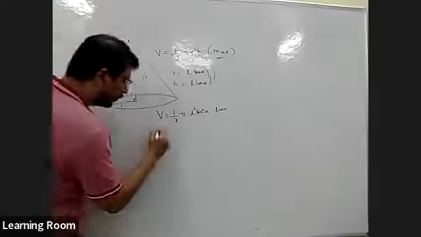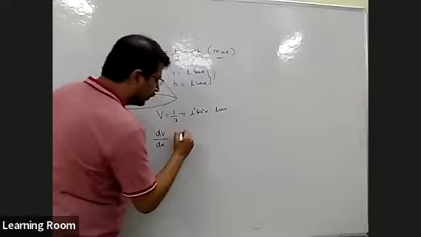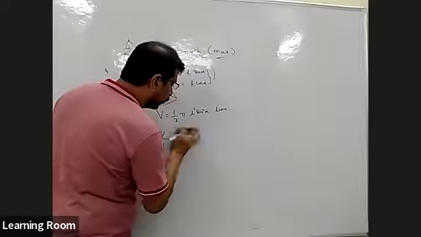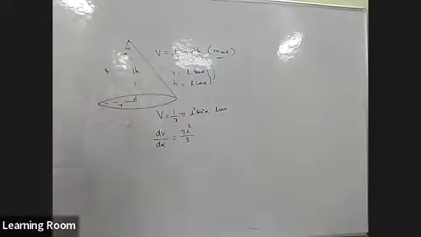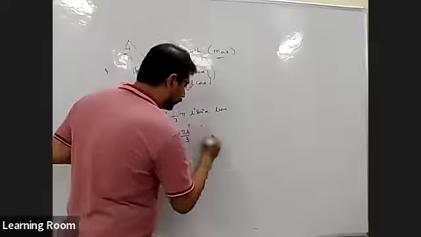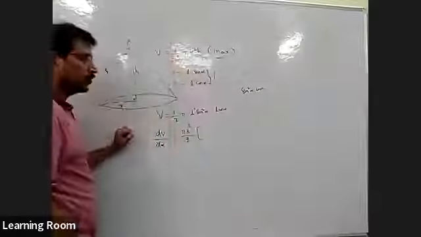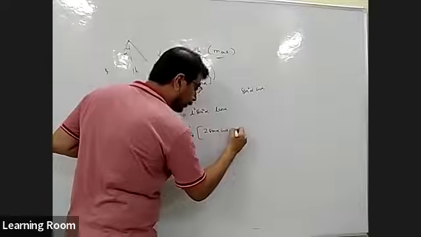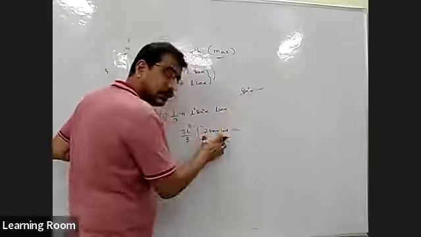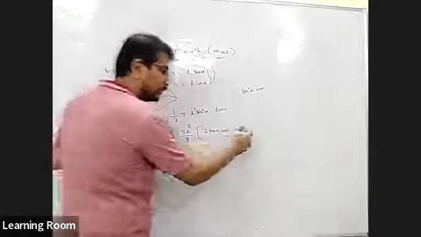Now see, if I do dV divided by d alpha, what will I get? Pi L cube divided by 3, I am not disturbing it. Sin square alpha into cos alpha, what is its derivative? The derivative of sin square alpha is 2 sin alpha cos alpha, into cos alpha left as it is.